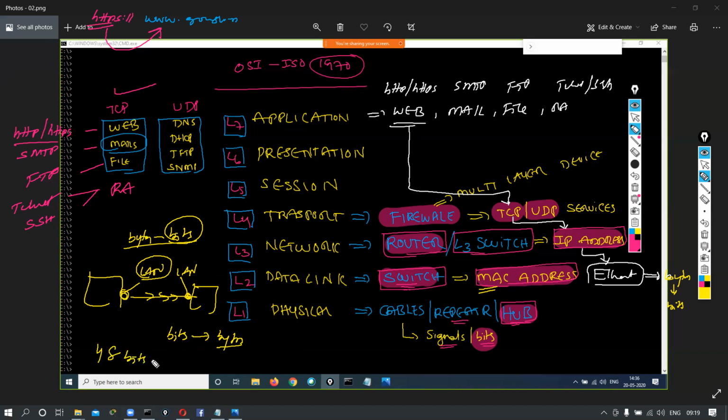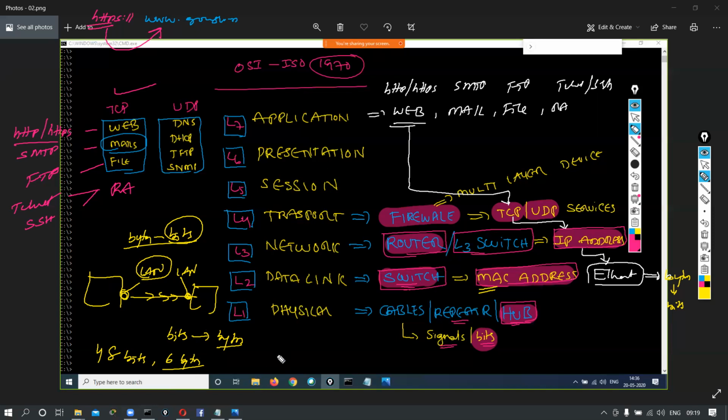In bytes, 6 bytes. 6 into 8, 48. Clear now? Every field in layer 2, in the Ethernet box, is in bytes, thus it should be converted into bits. The sender will do that. The receiver converts from bits to bytes. Clear now?